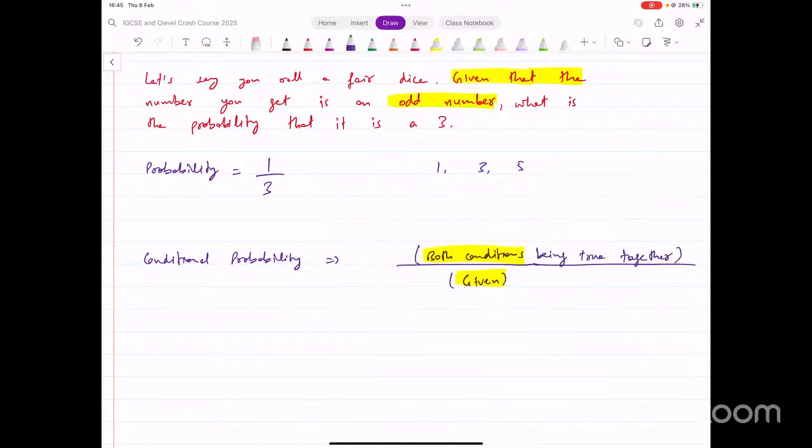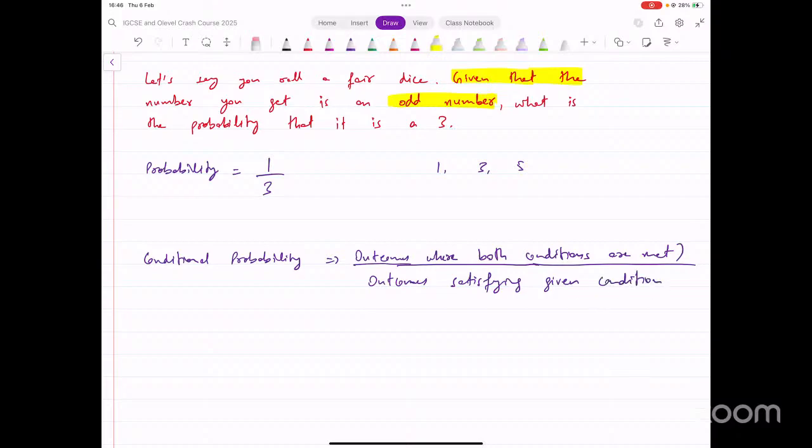You can say the number of outcomes where both conditions are met, and in the denominator, you have outcomes satisfying the given condition. So in the denominator, you have what is given. In the numerator, you have both conditions. In this case, 1 is the number of outcomes that satisfies both conditions. 3 is the total number of outcomes in the given condition.